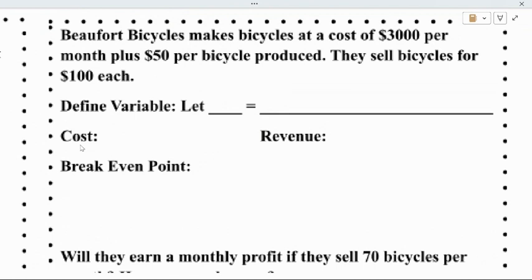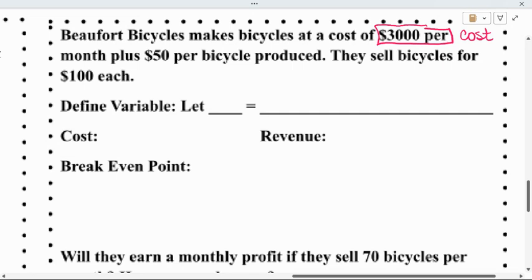Okay, let's see. Kylie, I want you to look at that and tell me one cost. What is one cost? 3,000. So this is a cost. Guys, when you whisper answers, you steal someone's opportunity to learn. I've told you that before. Okay.